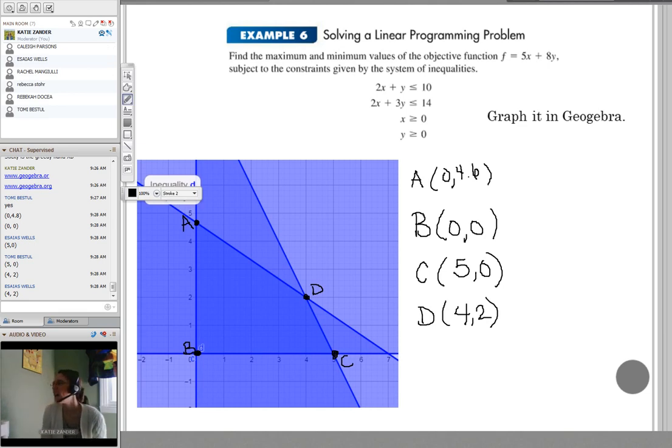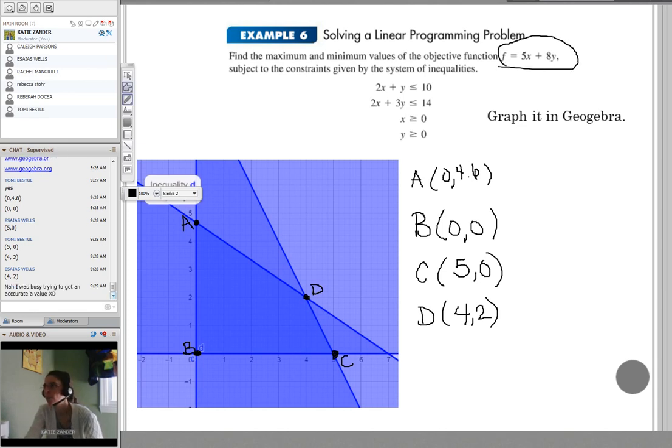All right. So now that we have those corner points or vertices of the feasible region, we test those 4 points in the objective function up here. Those 4 points are going to either maximize or minimize our function. They're either going to be the highest point or the lowest point.